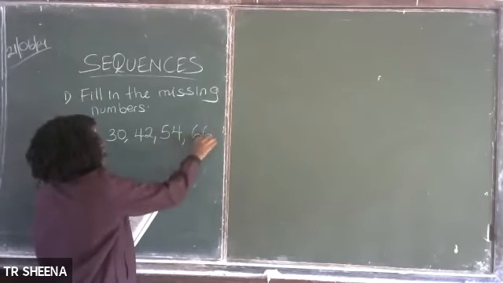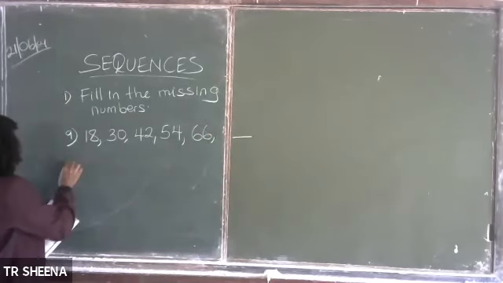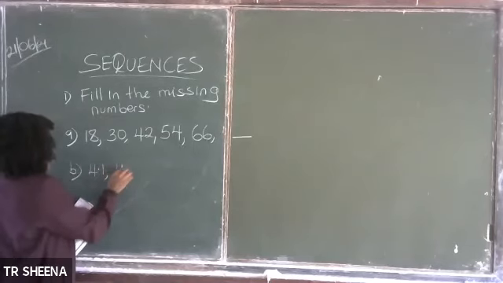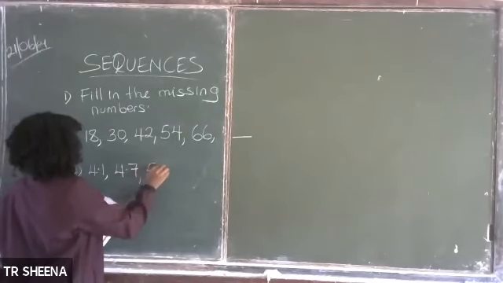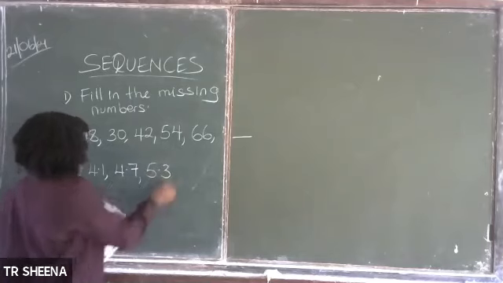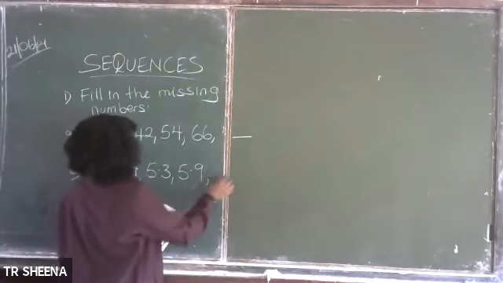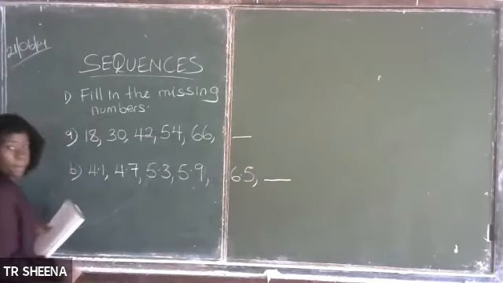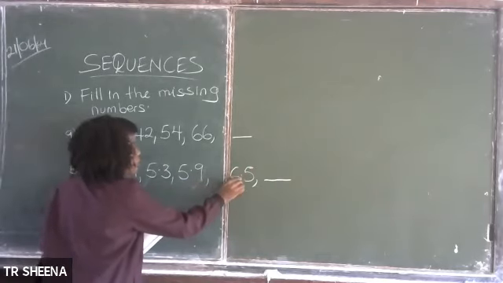You tell me, are they adding, are they subtracting, are they dividing? This is 6.5 in case it's not very clear.